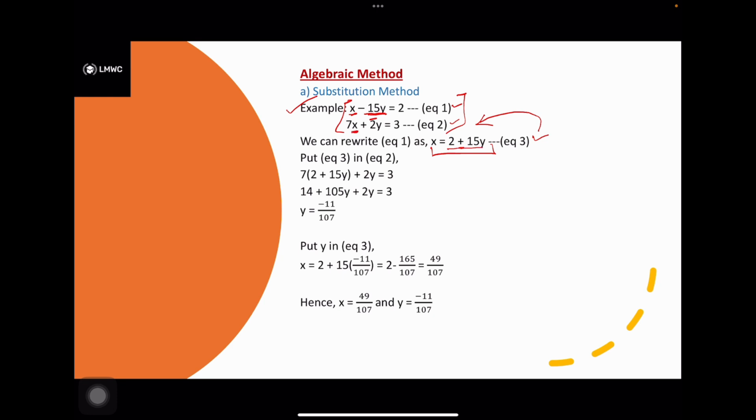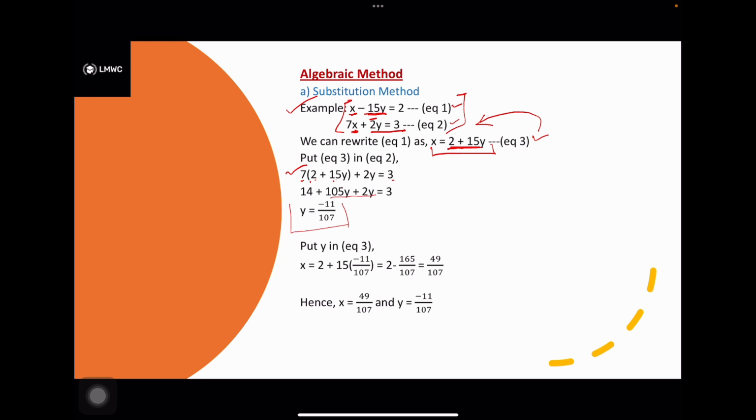In the place of x, I'm just going to replace it with 2 plus 15y, and the rest I'm going to write the same. Next, we remove the bracket, which means I multiply 7 to the 2 and 7 to the 15y. After that, I simplify the y terms, and we get the value of y as minus 11 by 107.